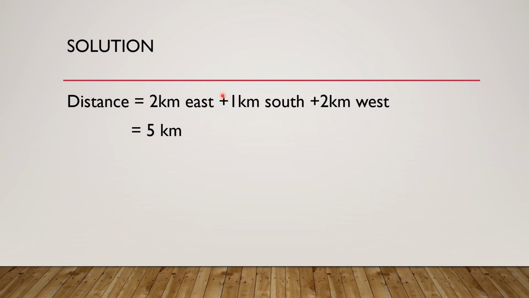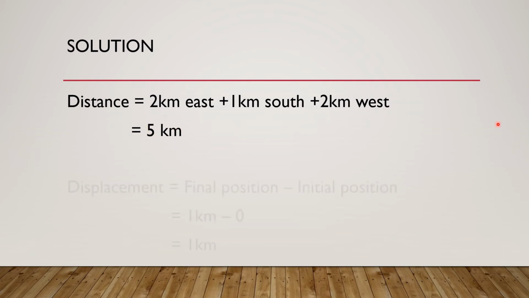So, i-add natin. Plus. So, we have 2 kilometer plus 1 kilometer plus 2 kilometer. Pwedeng hindi na isulat itong mga direction na ito, pero huwag niyong kakalimutan itong unit. Ito ay mahalaga. So, 2 kilometer plus 1 kilometer plus 2 kilometer is equal to 5 kilometer. So, that is your distance.